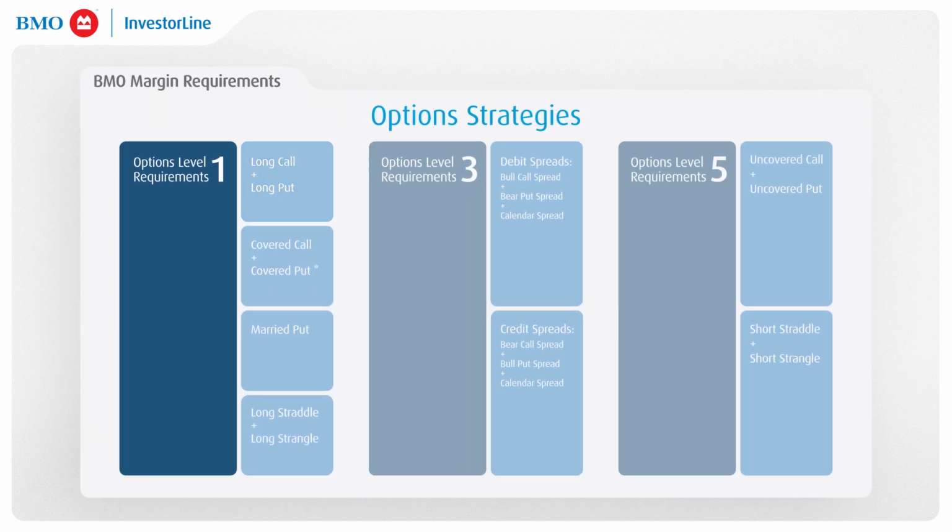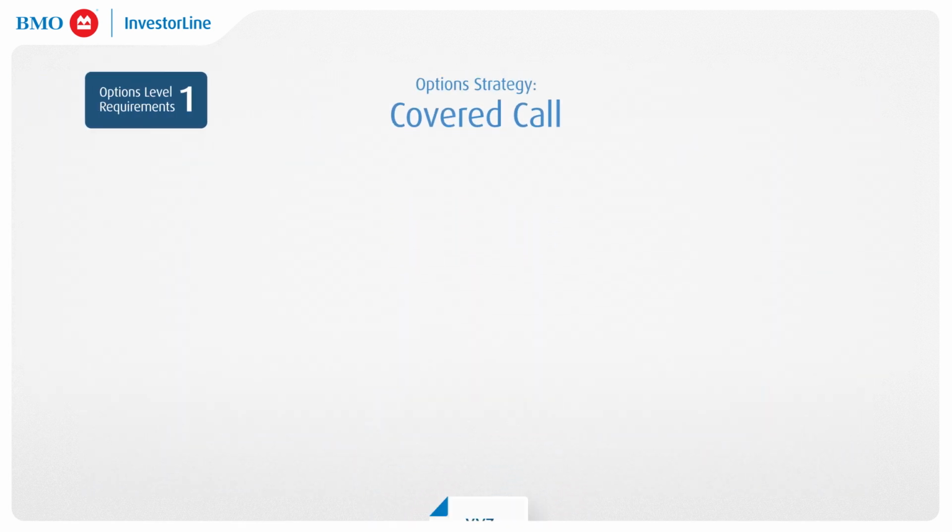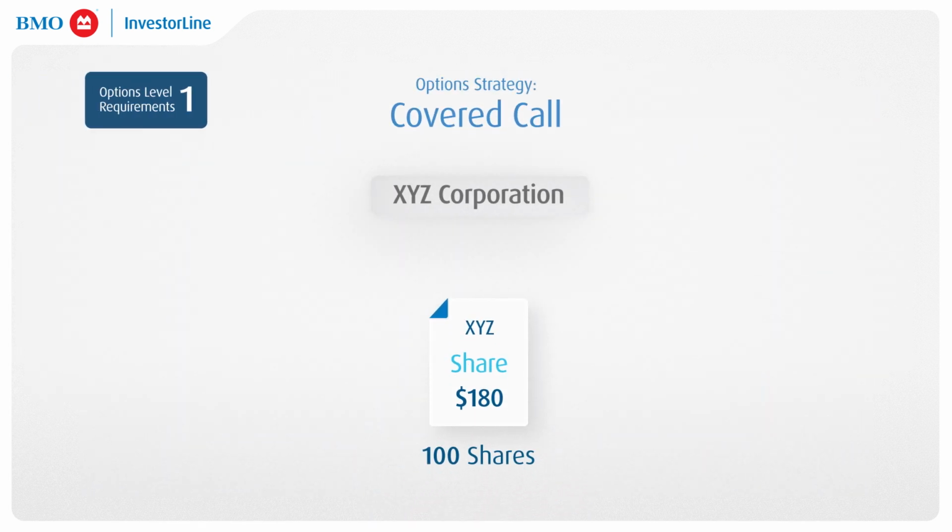In our discussion of Options Level 1, we also encounter covered calls, a strategy often used for generating extra income on stocks that are already owned. Let's unpack this with an example. Imagine you own 100 shares of XYZ, currently trading at $221 per share, which you purchased for $180 per share.